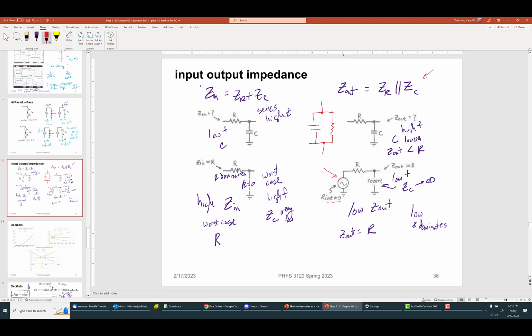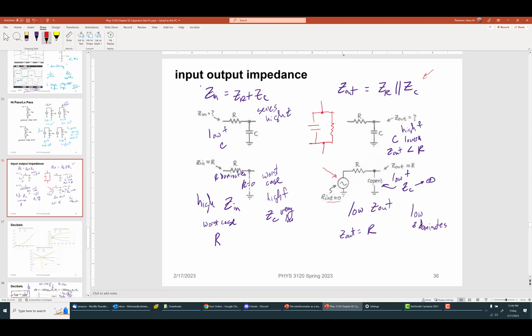But in the worst case, as we go to lower and lower frequencies, the capacitor's impedance gets so high that most of the current goes to the resistor. So this is basically the worst case.